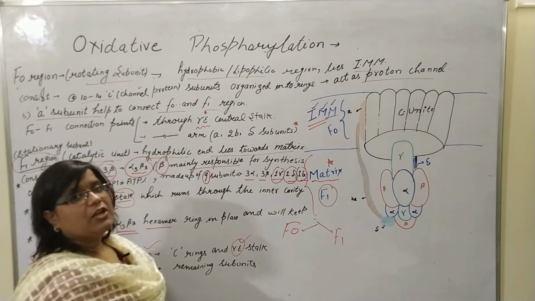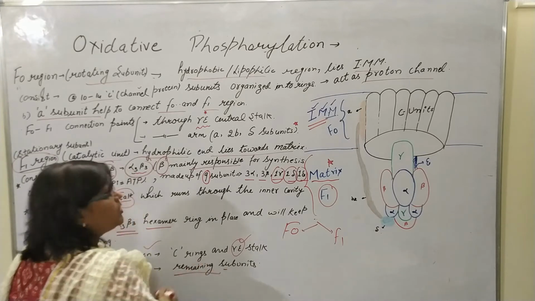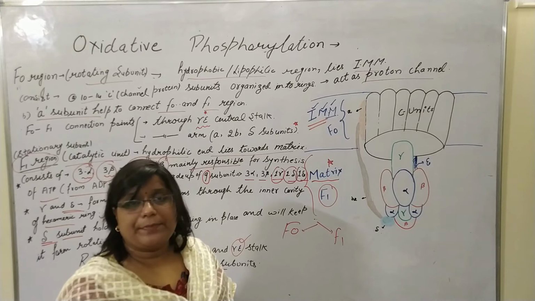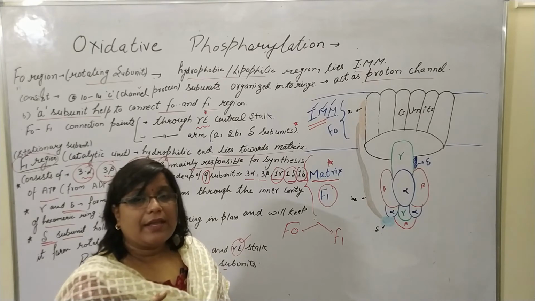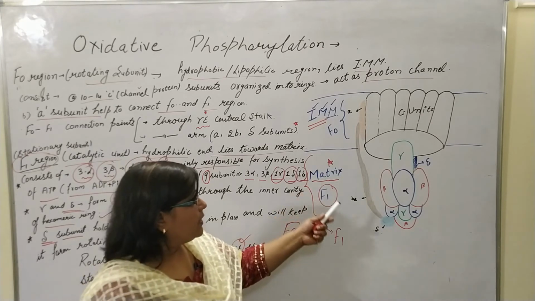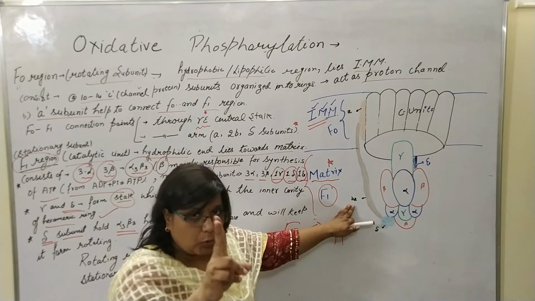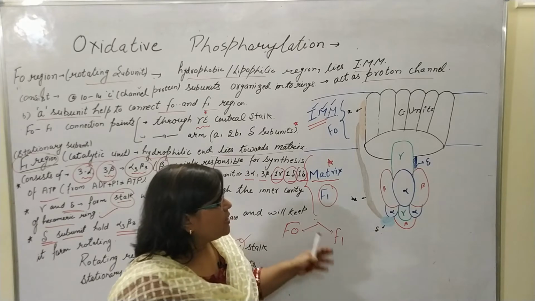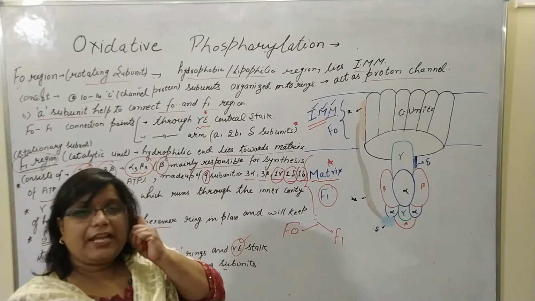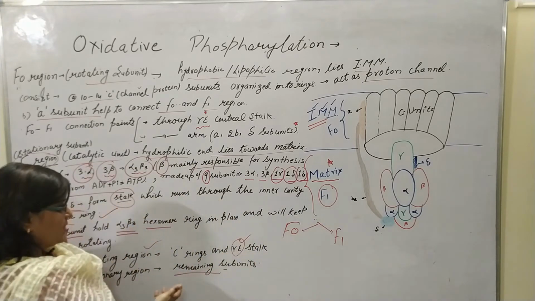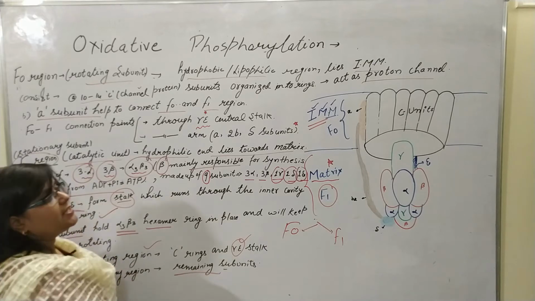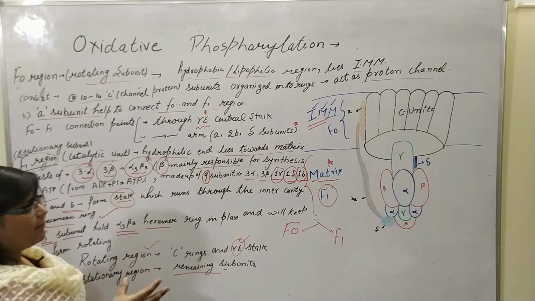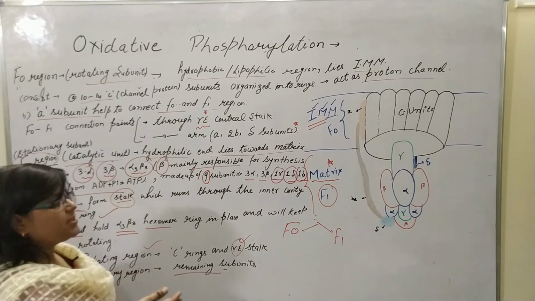The stationary region is all the other subunits and polypeptide chains, like A, 2B polypeptide chains, and alpha 3 and beta 3. These are the subunits which remain stationary. So the rotating region is the C ring and the gamma-epsilon stalk, and the stationary region is the other units.